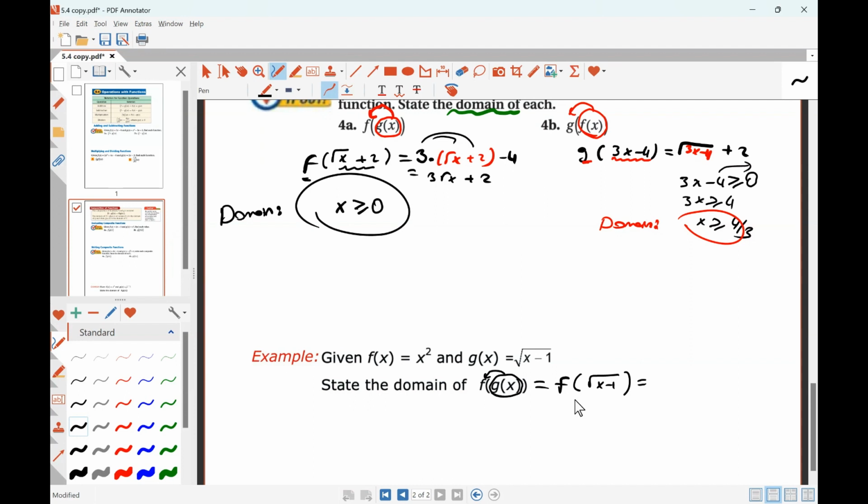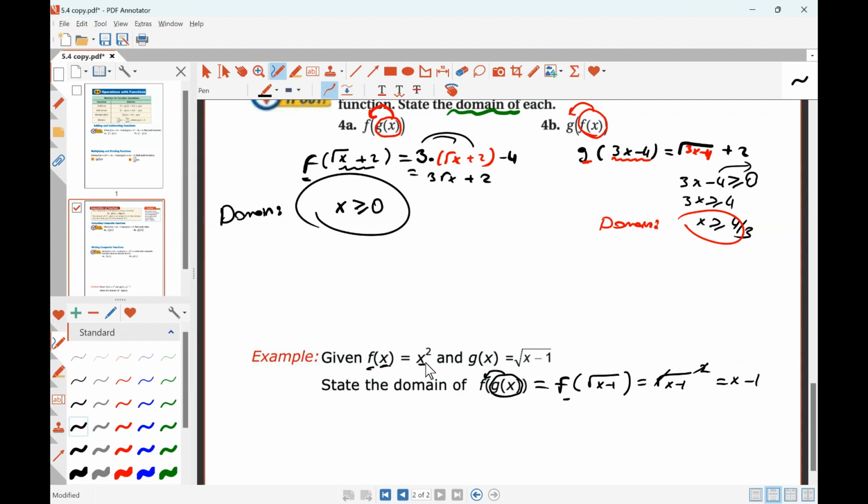We just have to substitute square root of x minus 1 for x. So every x in function f will be switched with square root of x minus 1. So f of square root of x minus 1 equals square root of x minus 1, squared. There's a square outside and a square root, they will cancel each other. This is x minus 1.